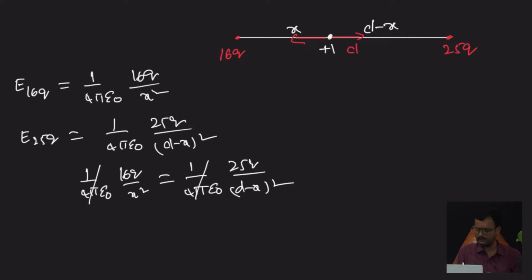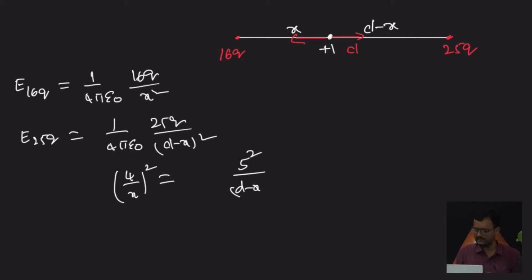Here 1 by 4 pi epsilon naught cancels, q cancels. Sixteen is nothing but 4 square, so 4 square by x square, that is 4 by x whole square. 25 is 5 square by d minus x whole square, that is 5 by d minus x whole square. See, both sides have a square, so the square cancels.